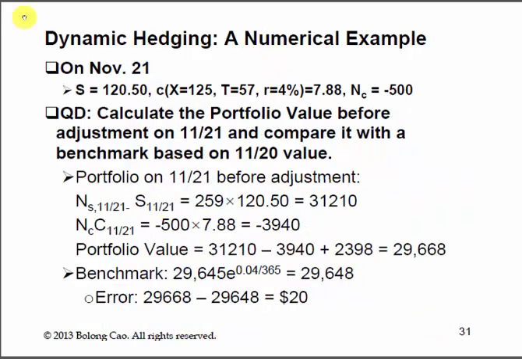So that's 29,645 grown at a continuously compounding rate of 4% for a day. So 29,648. It's not a big change.